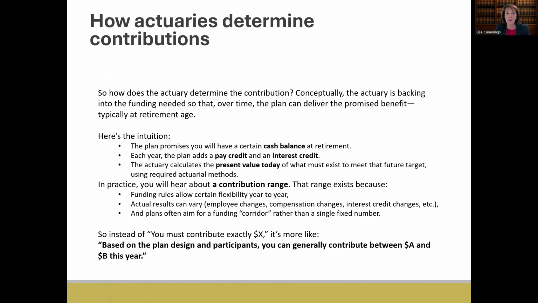In other words, funding from X dollars to Y dollars, as opposed to telling the employer you must fund exactly Z dollars. So instead of you must contribute exactly a certain amount, it's more like, based upon the plan design, the plan participants, their compensation, the underlying earnings of the trust investment, which is where prior employer contributions have been invested, you can generally contribute between $A and $B this year.